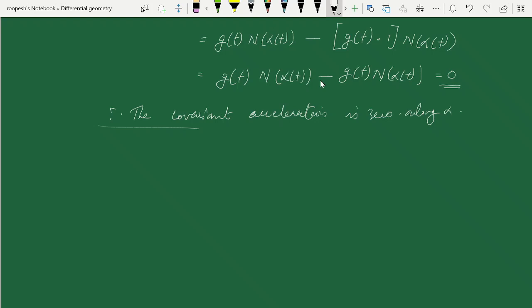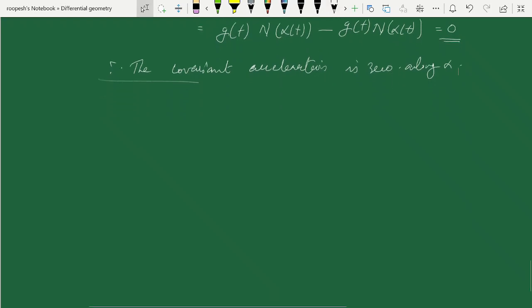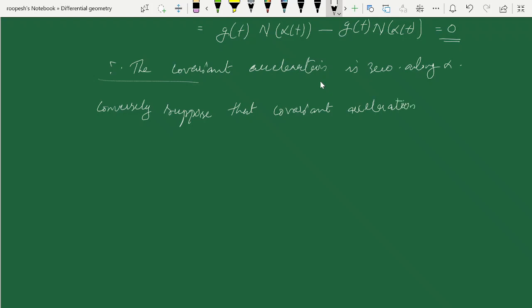Now we want to prove the converse part. Conversely, suppose that the covariant acceleration alpha dot dash is 0 along alpha.